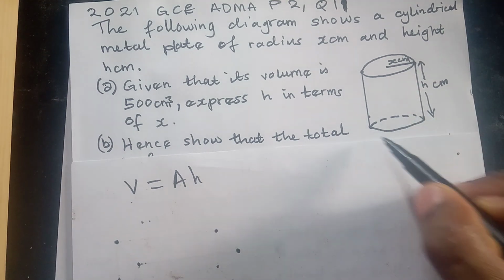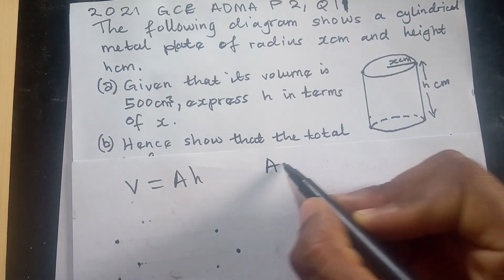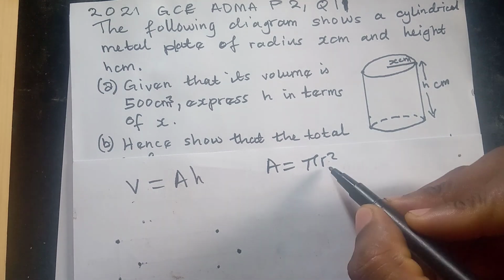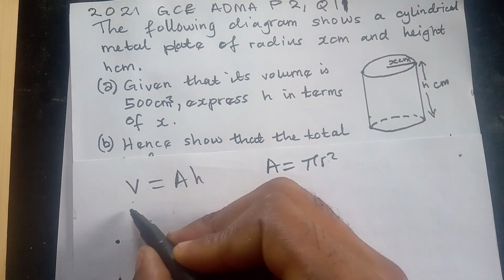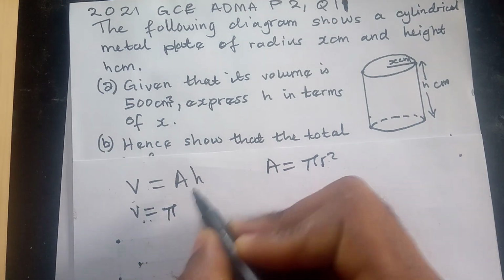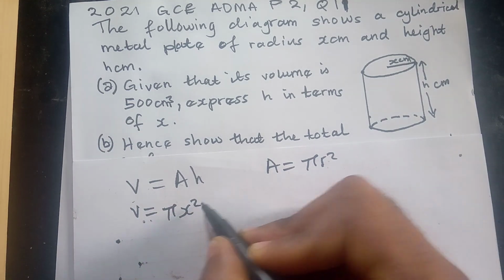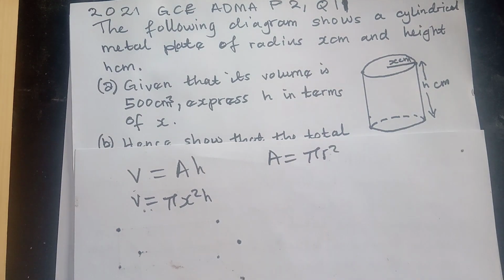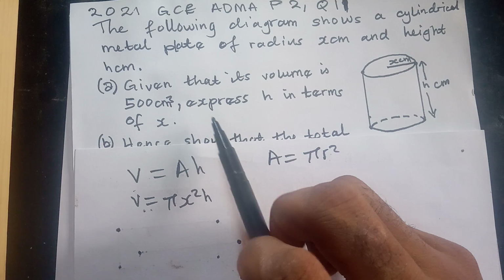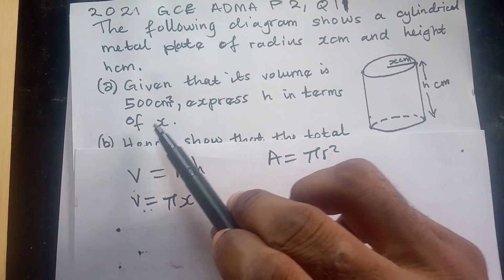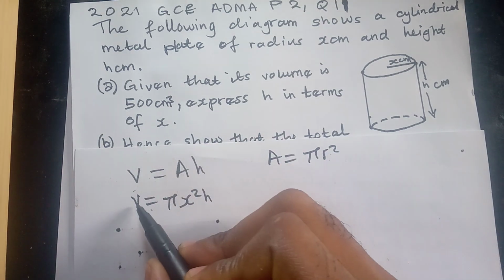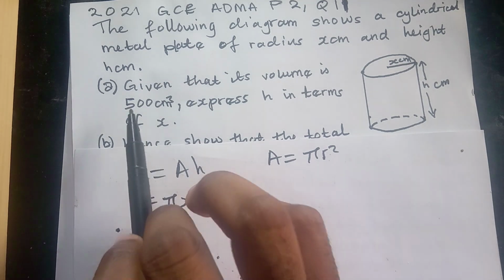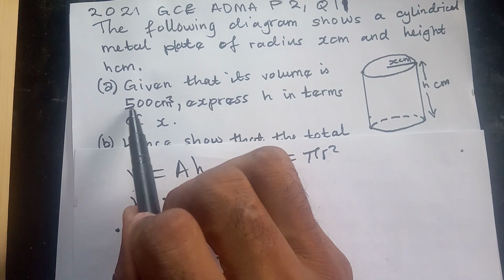Since the base is a circle, the base area will be pi r squared, and our r is x, so we have pi x squared multiplied by h. Now we want to express h in terms of x. So we don't want this V, and fortunately for us, V is equal to this.